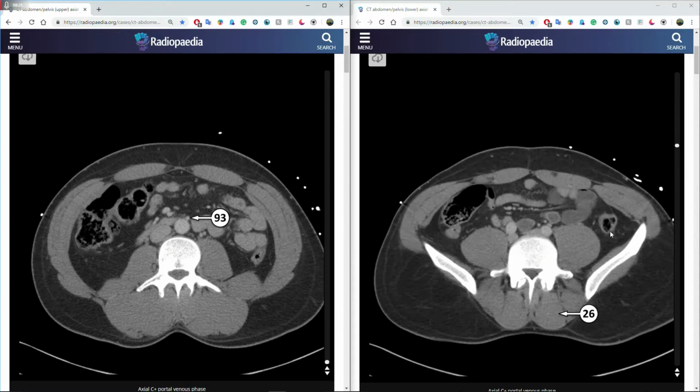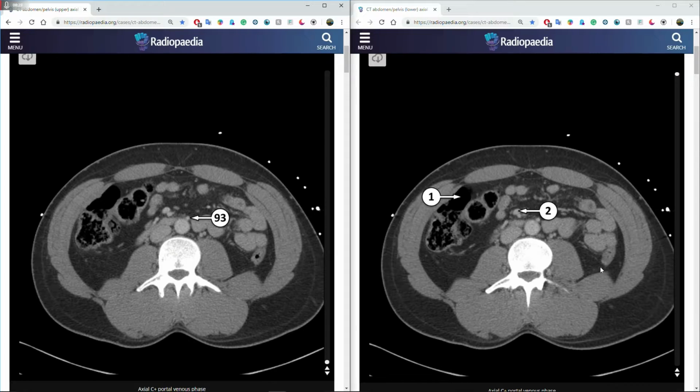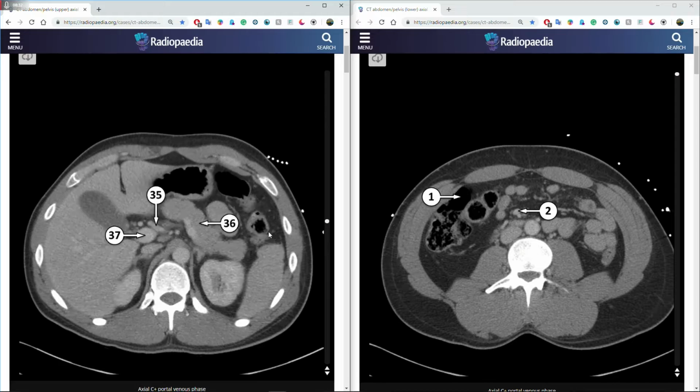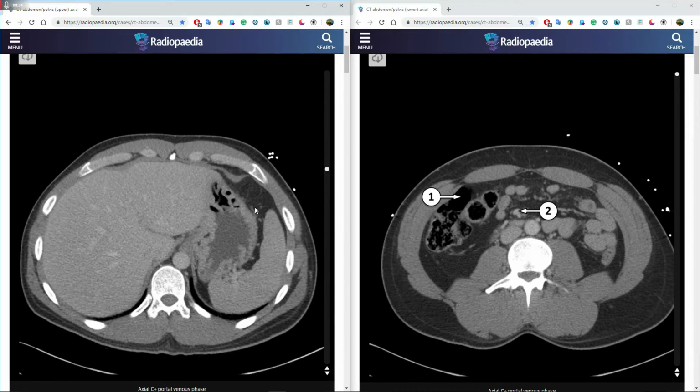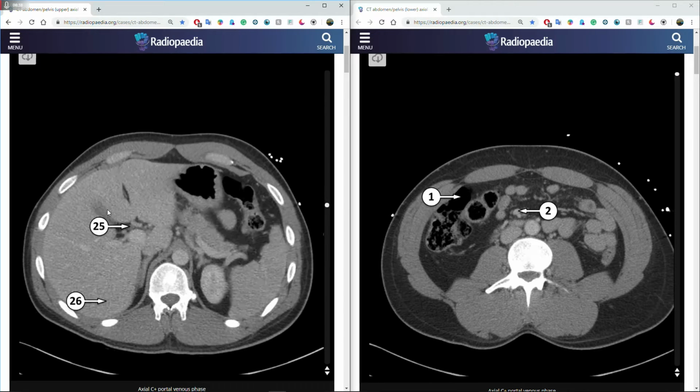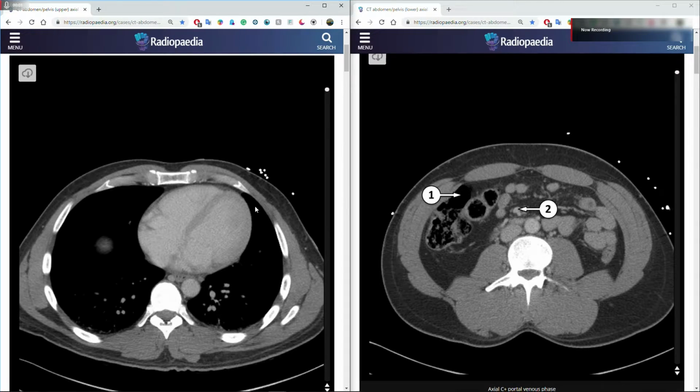Going back up, all the way up to the splenic flexure. So let's now move on to the other side.